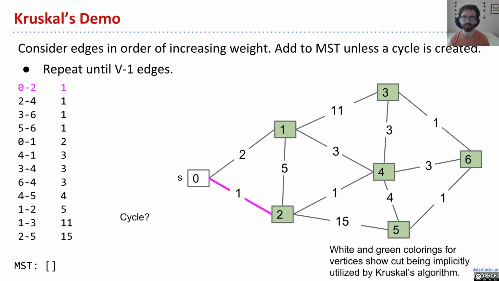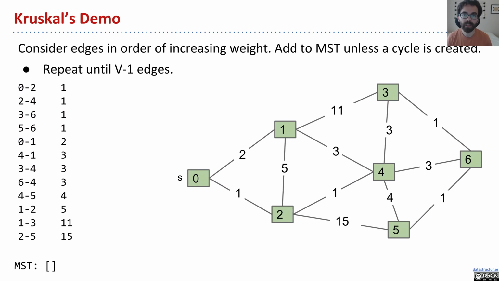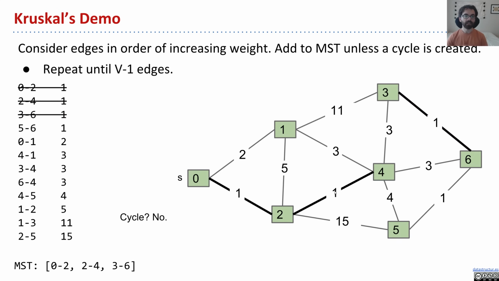Now, why does this work? Why is this the cut property? Well, basically, whenever we're considering the smallest edge in the graph, let's consider, as an example, this edge that goes from 0 to 1.